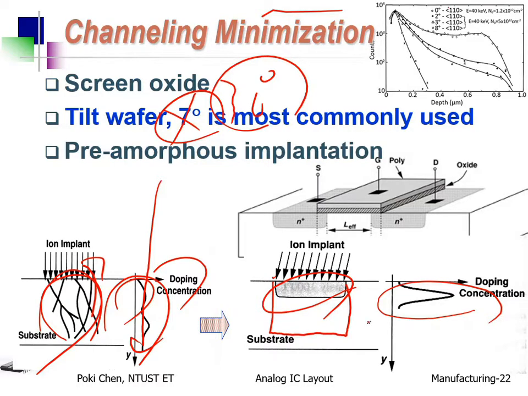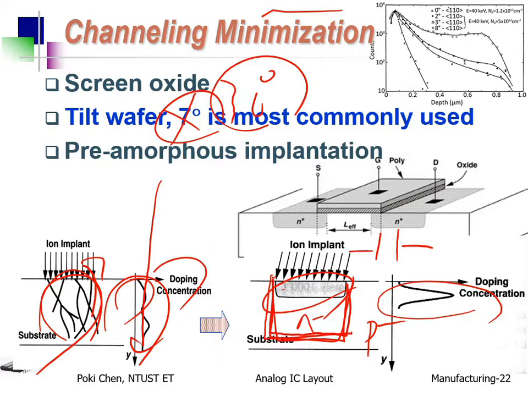For example, P substrate, N well. You can see the P and N junction has a lot of parasitic capacitance. Okay, so for such kind of implantation or doping, sorry for that, you will get a lot of parasitic capacitance. It is no good for your high-speed operation.